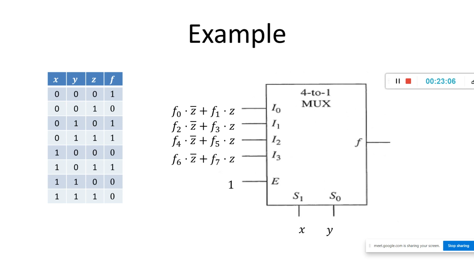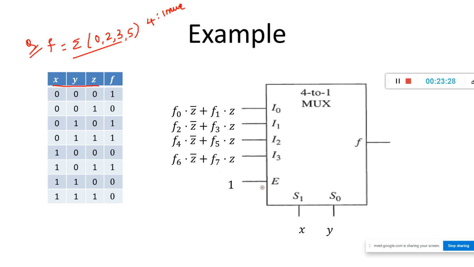So here, students, f is given; this is a 3 variable function, summation 0, 2, 3, 5. When I give a question like this, implement this function using 4:1 mux, this is the solution.